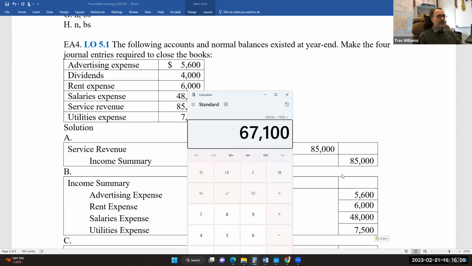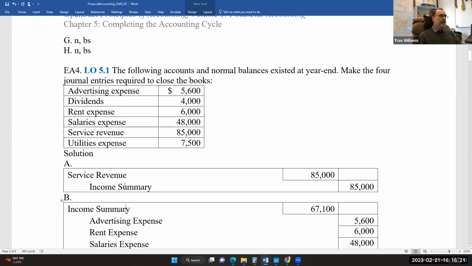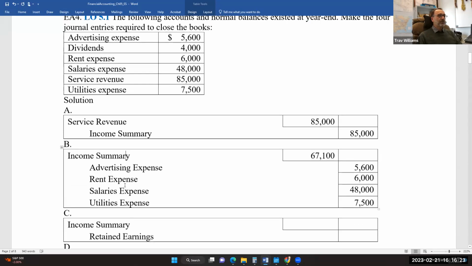Okay, so if I did that right, I'm pretty sure I did, it's $67,100 that we are debiting to income summary. Okay, so in step 2, you're always going to credit your expense accounts and debit the total to income summary. Let me know if any questions come up. Otherwise, we will move on to step 3.